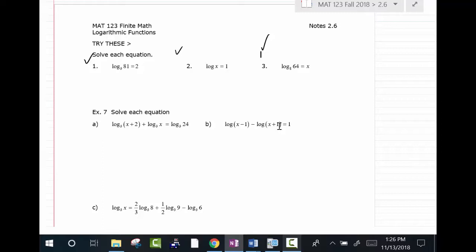If you can't do it in your head, then it's a totally different kind of situation. So that one, just write b to the second equals 81. Solve the equation. So you got 9 there. And the answer to that's 10, because once you write that, you would say 10 to the first equals x. So that's 10. Okay, those are good.